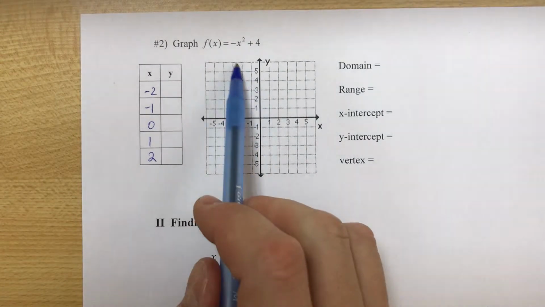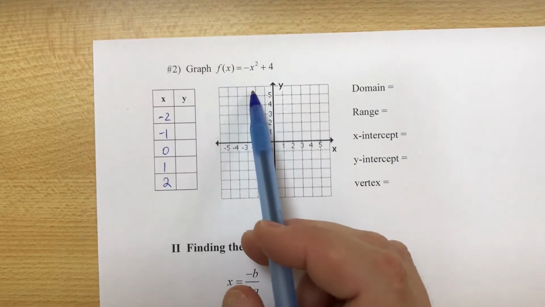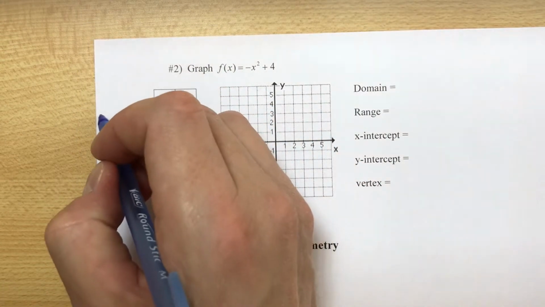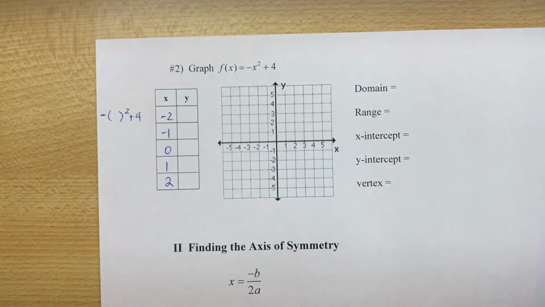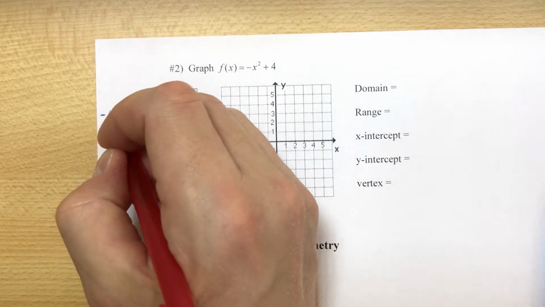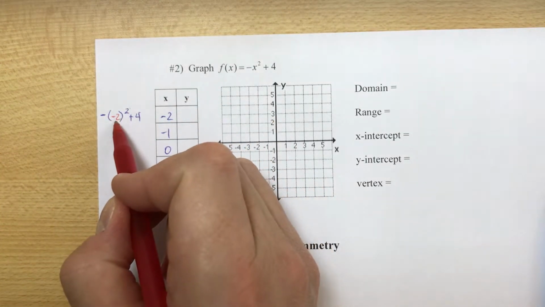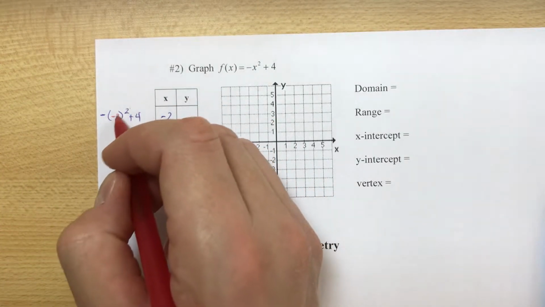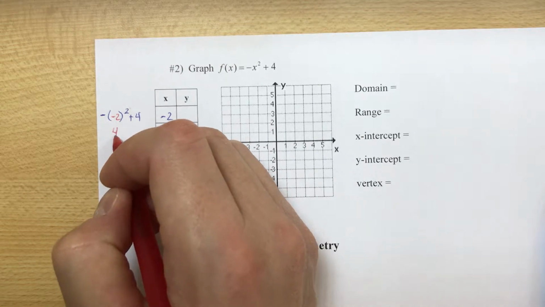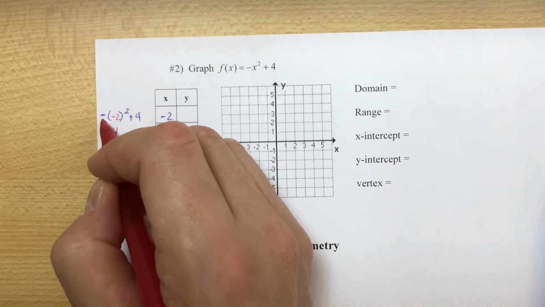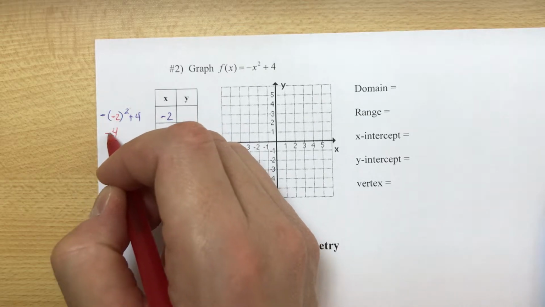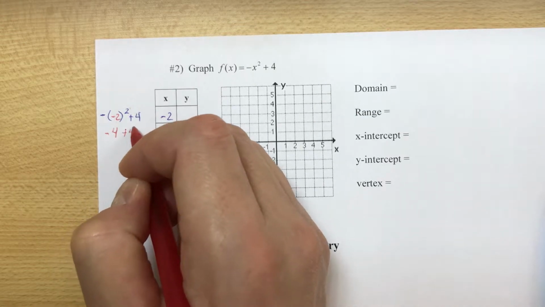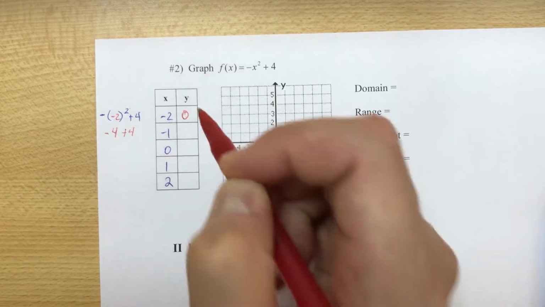Now you got to be careful here when you substitute a negative. So the function is the opposite of x squared plus 4. So when I substitute my -2 here, I square the -2 in parentheses first. Now that's 4. But this is like a -1. So this negative still comes down, so it becomes -4 plus 4, which is 0.